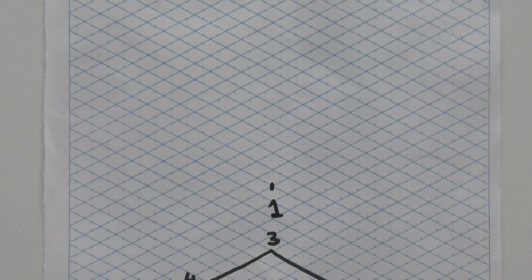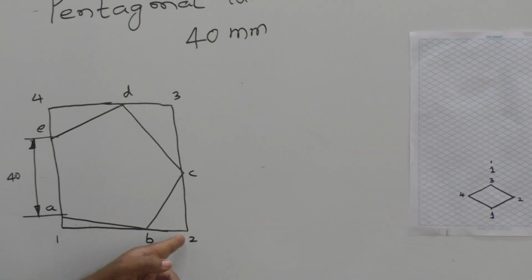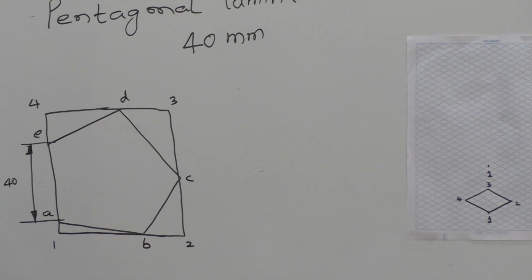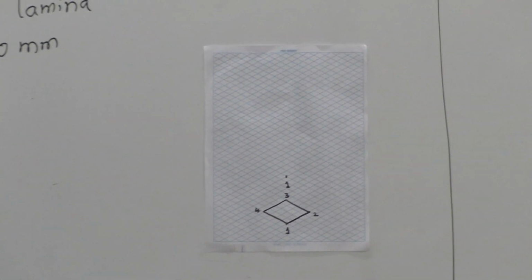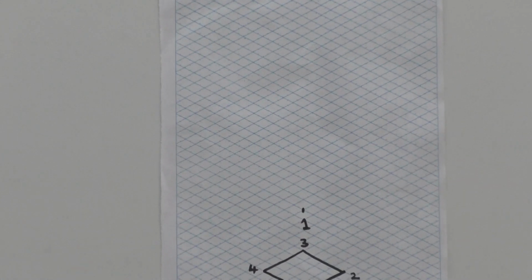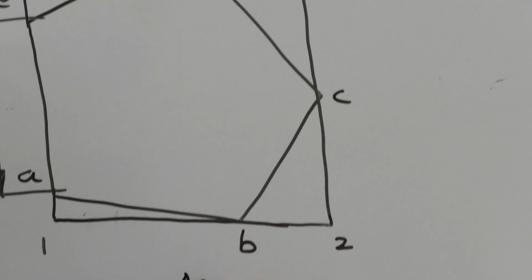Now measure the dimension 1 to 2 in the actual scale, and transfer this dimension onto the isometric sheet. Suppose 1 to 2 measures 50 millimeters in the actual scale.